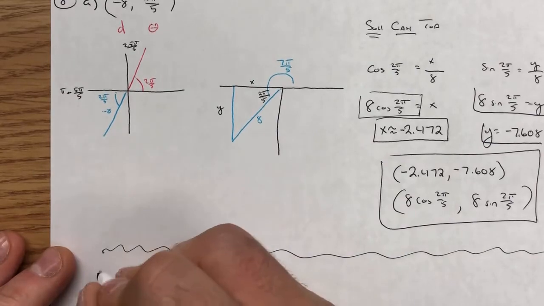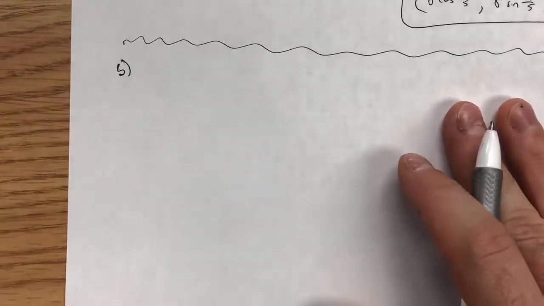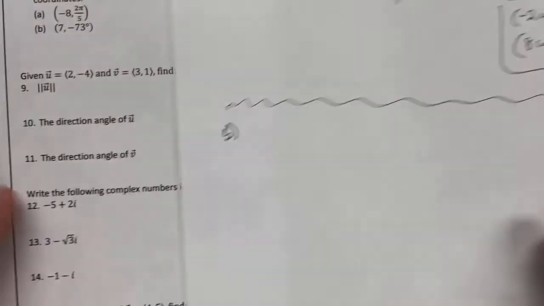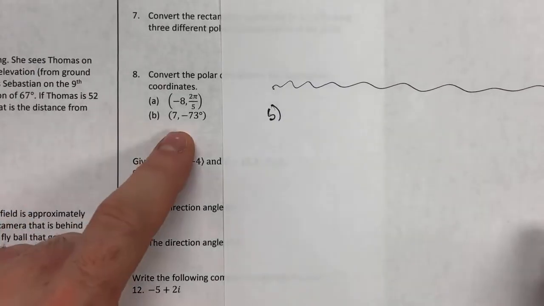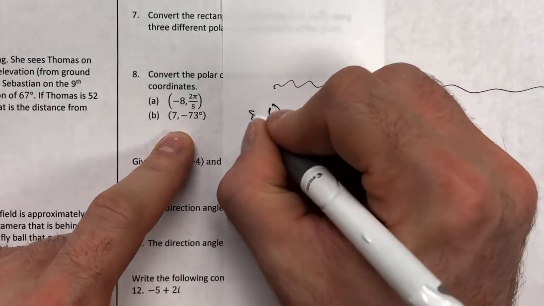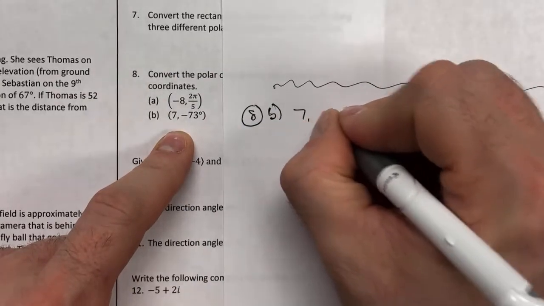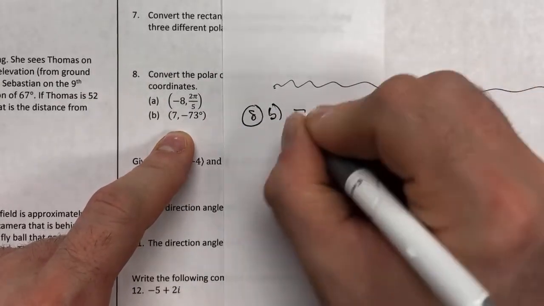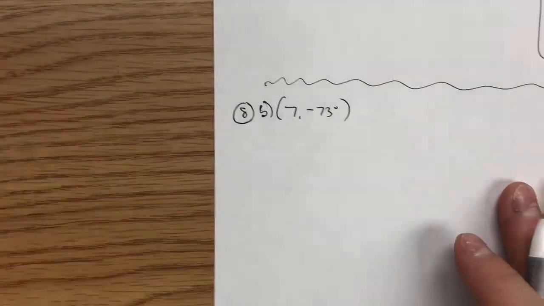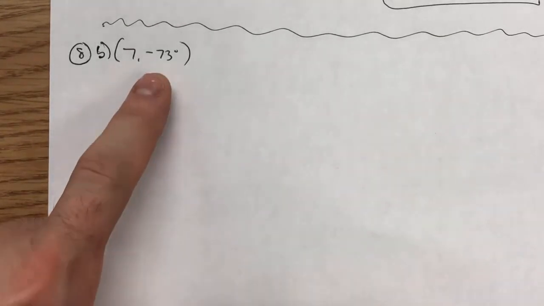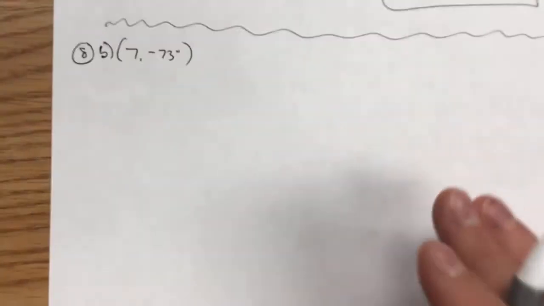Let's look at B. So B is going to be, let's still do 8B, 7 comma negative 73 degrees. Because this one is in degrees, it might be a little more friendly to do.